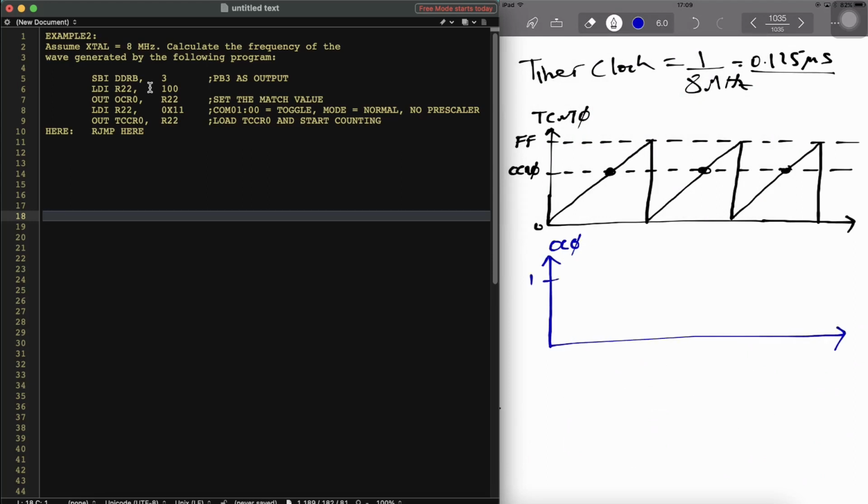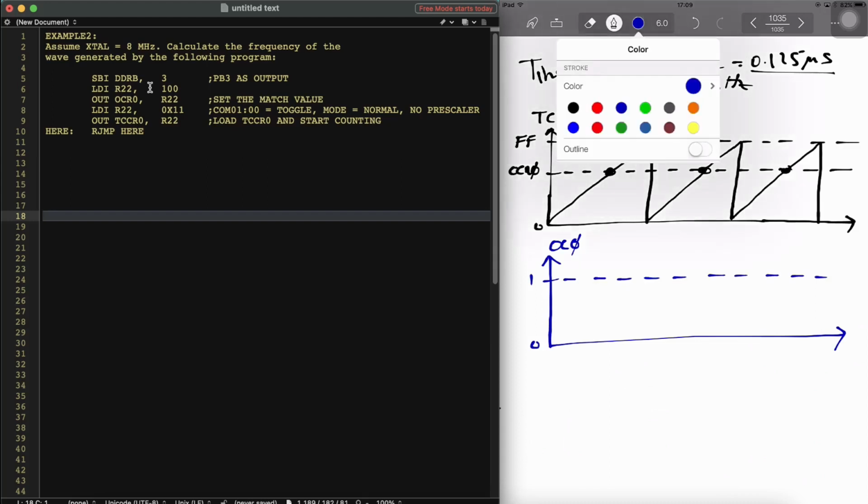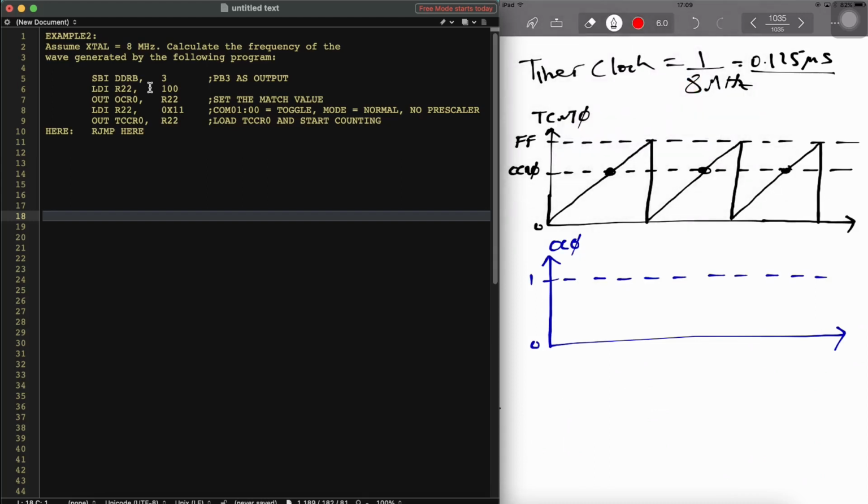So we have got logic 1 and logic 0. Now, what we are looking at is, OCR 100 is over here. These are the points where OCR is set to 100. If we put those down, that's the place where the match occurs, and it's going to toggle at that point.